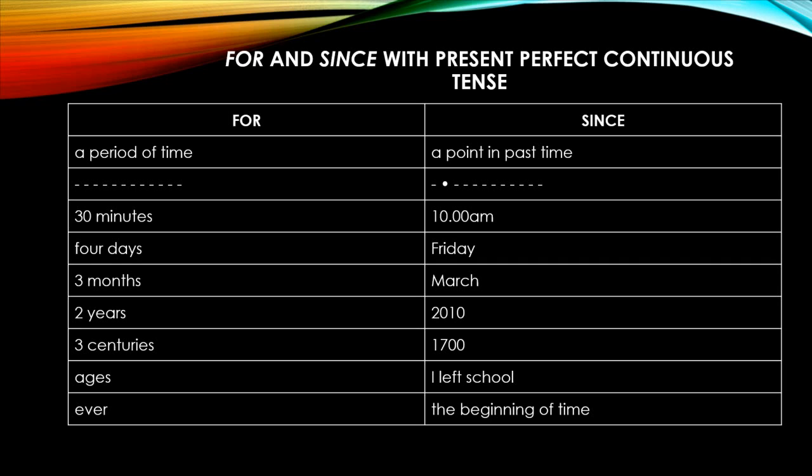On the since side, it is a point in past time. That means the exact point where it started, like 10 a.m., Friday, March, 2010, 1700, I left school, the beginning of time.